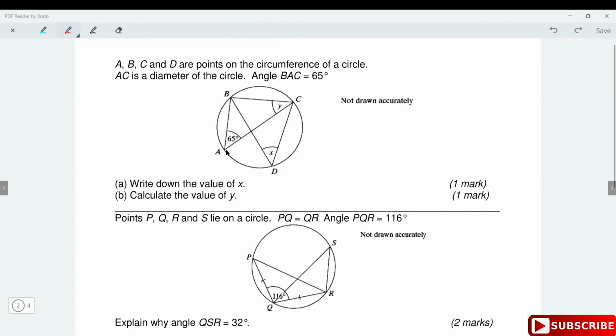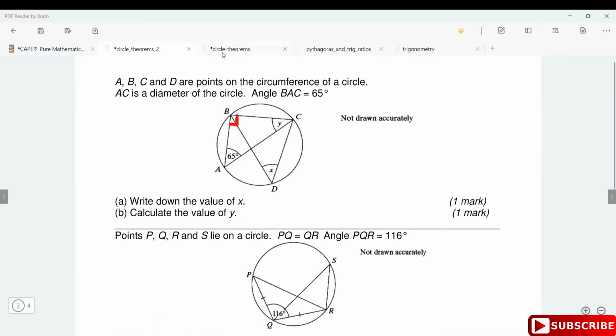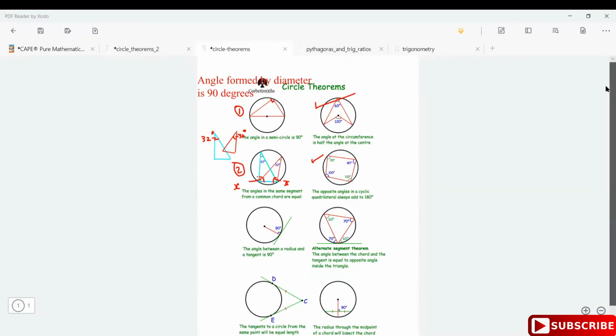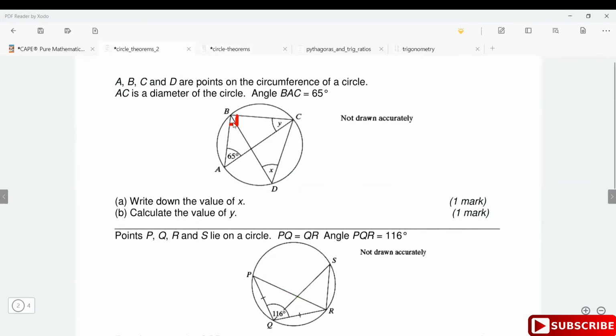Angle subtended by the diameter formed by the chord is 90. So if AC is a diameter, this is 90 degrees. This is rule number 1. Let's go back to the rule. Number 1: angle in a semicircle is 90, and we rephrased it to say angle formed by the diameter is 90 degrees. So this angle clearly is 90 degrees.